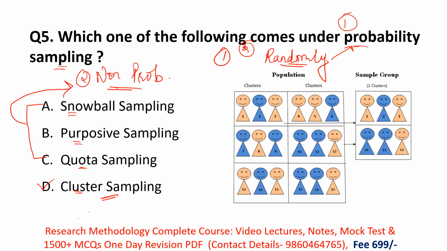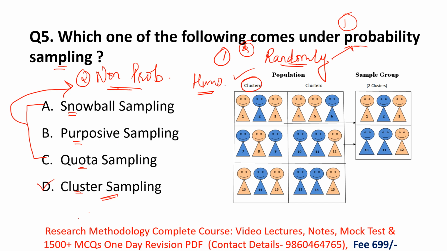Okay, first of all, we'll see this diagram. This is the diagram of cluster sampling. In cluster sampling, researchers have a large population which is homogeneous. Then researchers divide their population into groups, like 1, 2, 3 here in this figure. The groups here are called clusters.